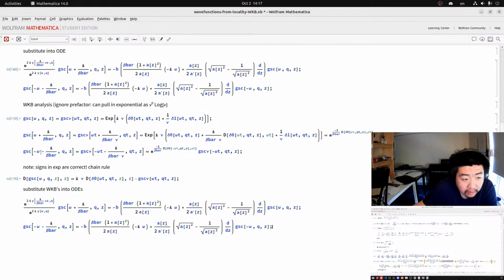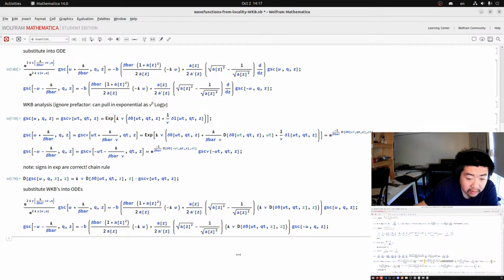So, basically, wherever I have a dz, I pick up this thing. And same thing here. Moreover, I want to substitute this in here.